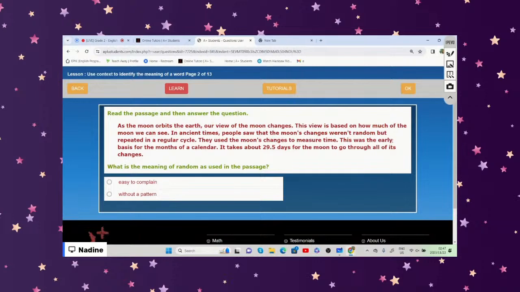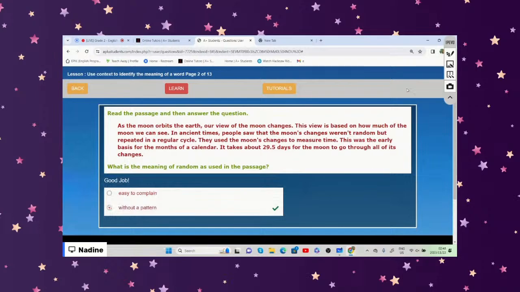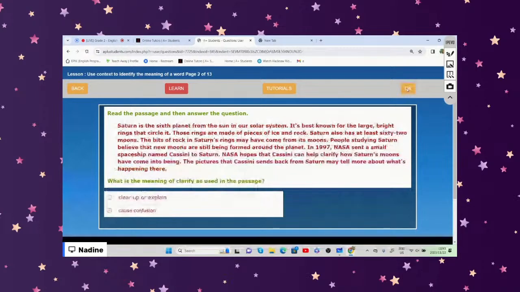If something is just random, it's just a random thing, is it easy to complain or is it without a pattern? All right, so if we choose the correct meaning or the synonym of random, then it is without a pattern. It is just a random thing, right? So well done. Without a pattern is correct.